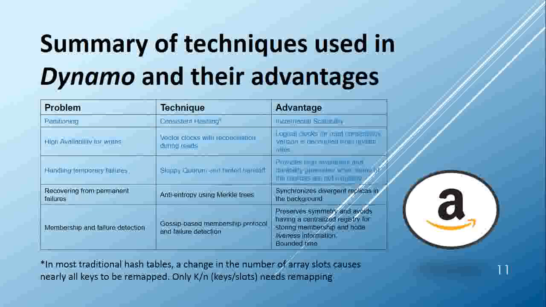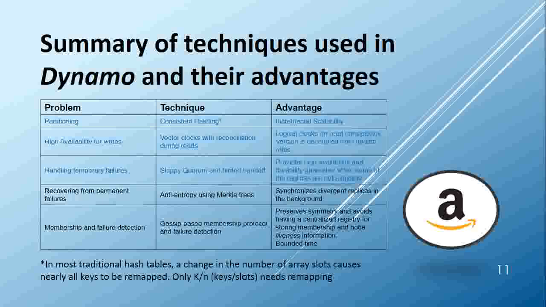So this is a summary of techniques we used in Dynamo and their advantages. This slide is very important because these are the techniques and the problems, the techniques and the advantages. So this slide is most important. As you see, for partitioning we use the technique of consistent hashing, and the advantages are scalability and incremental scalability.